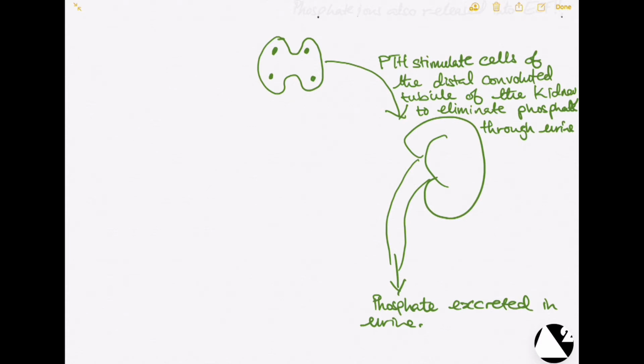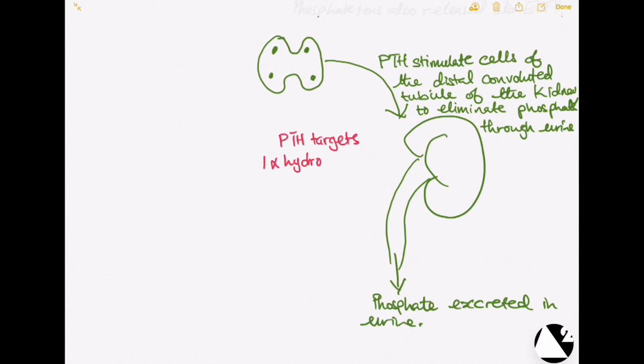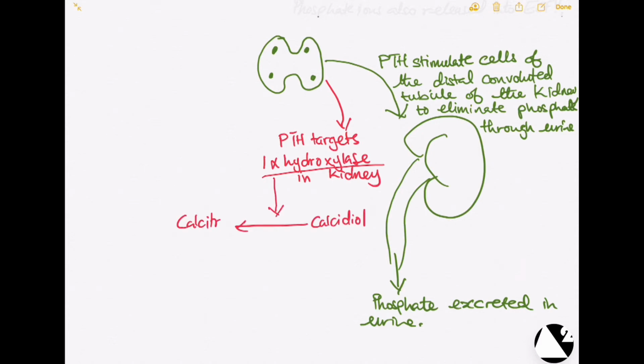an ideal situation. Now, the parathyroid hormone targets an enzyme in the kidney called 1-alpha hydroxylase, which converts calcidiol to active calcitriol.